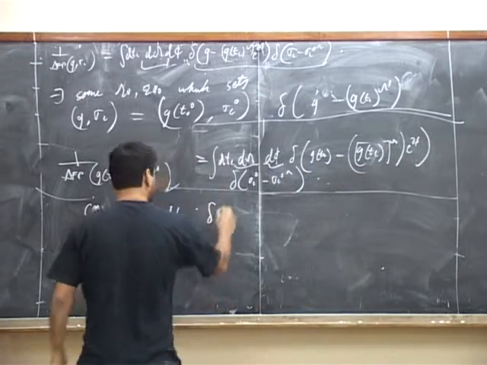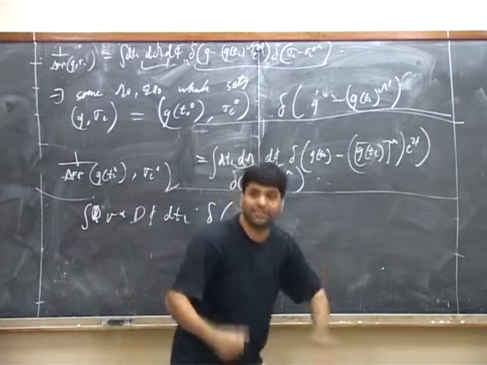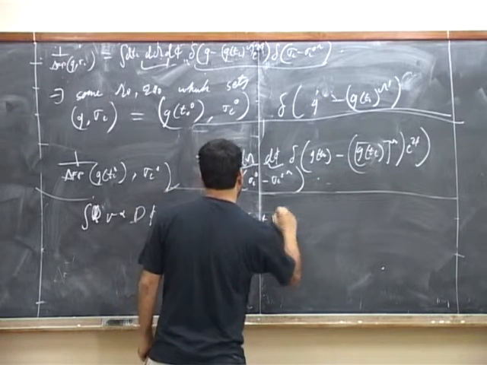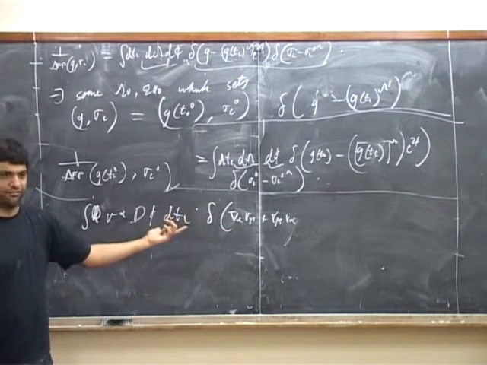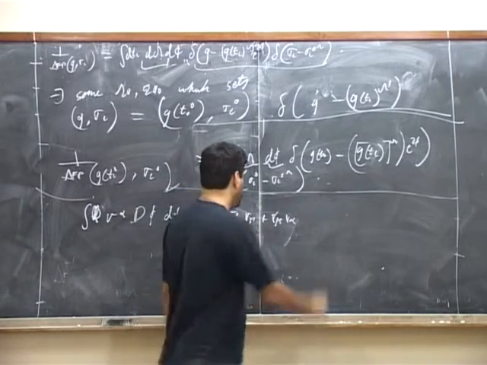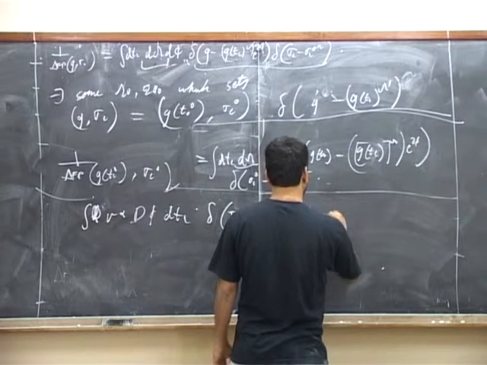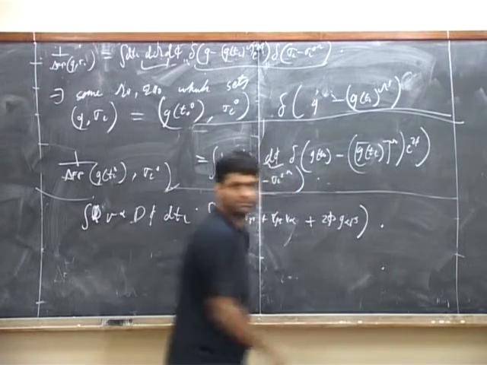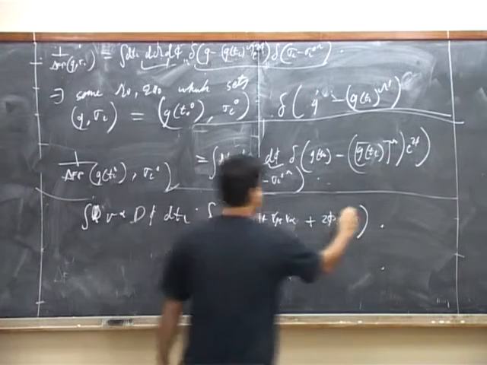So what changes is you have delta of the change in the metric because of an infinitesimal diffeomorphism, which is del alpha v beta plus del beta v alpha, the Lie derivative of that vector field. Okay, plus 2 phi times J. G what? G T naught.